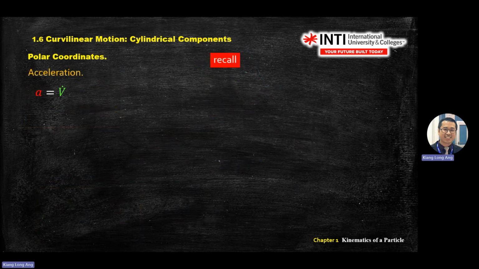This one, I won't go deep into the derivation. It's more on the application, so you read it from the slides. Basically, it's the same procedure. You know that the definition of A is dv/dt, so you recycle the V definition in the R and theta directions, meaning you do time differentiation on each term, then use chain rules and so on.